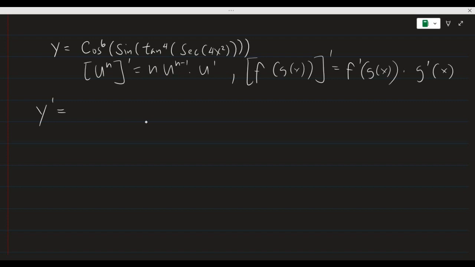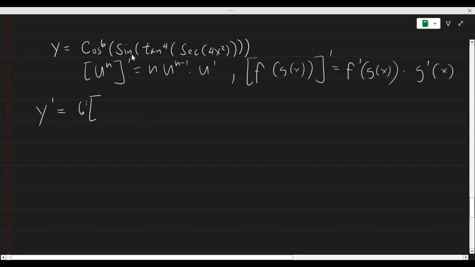So y prime. First we apply the power rule. The exponent is 6, and the base function is cosine of sine of tangent to the fourth of secant of 4x squared.